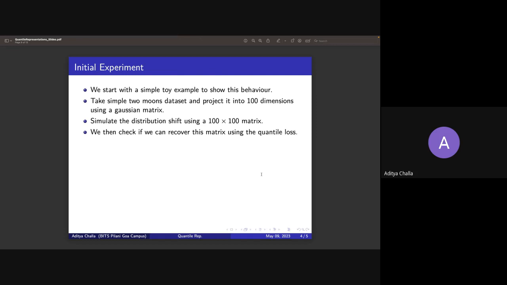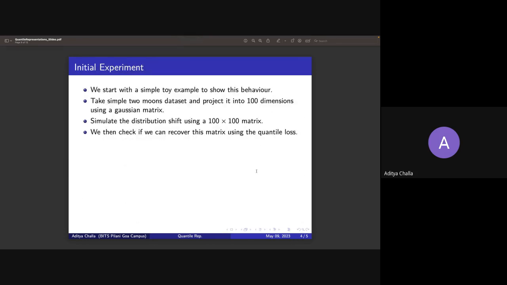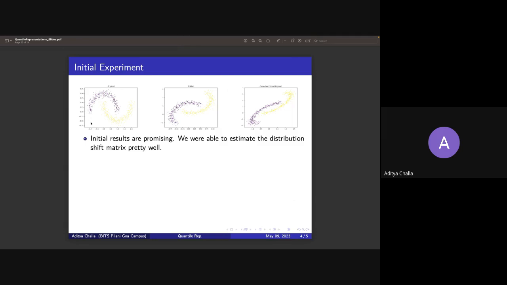And we used the same optimization problem of 2 and 3 and checked if we can actually identify the distribution shift or not. So this is a simple initial experiment which we tried, and it turns out that we can.